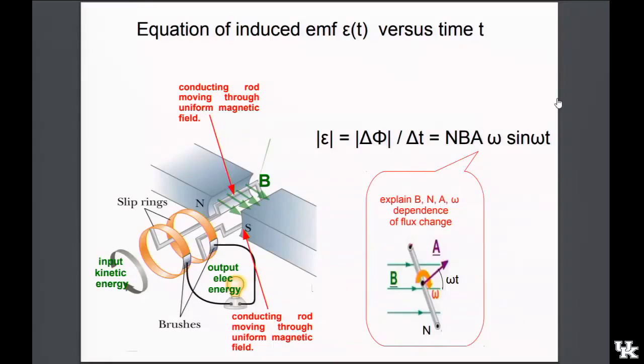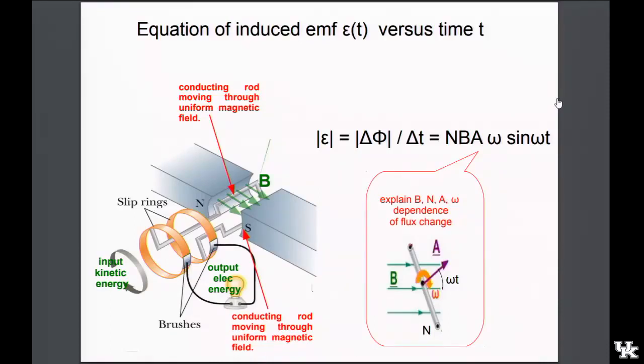Why does the equation say that the induced EMF is n, the number of turns, times B, the magnetic field, times A, the area of the loop, times omega, the angular velocity, times this sine omega t factor? Why all that stuff? Okay, let's start arguing it then. Obviously, the magnetic field, right?